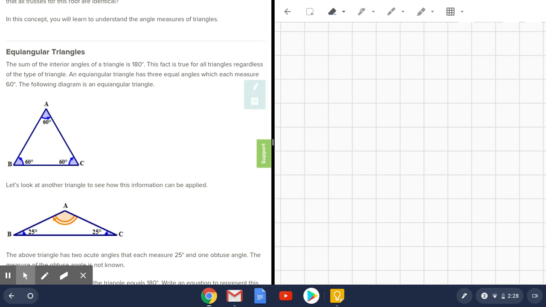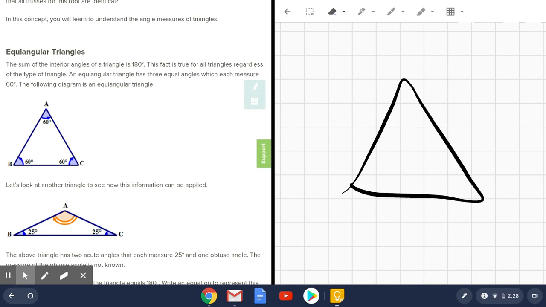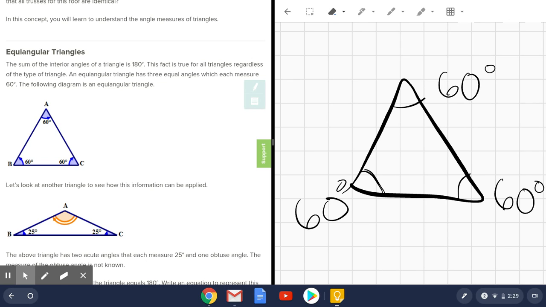When it comes to equal angular triangles, you can see an example right there in the book, but equal angular means that they have the same angles. That means that an equal angular triangle always will have 60 degrees per angle, right? So 60 degrees every single time. The sum of the interior angles of a triangle is 180 degrees. We discovered that a few weeks ago, right?